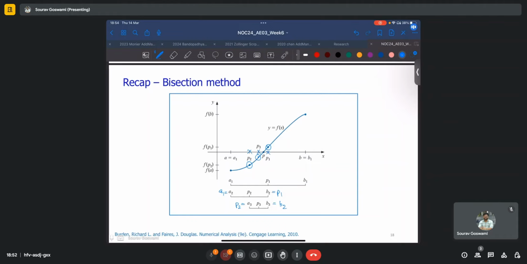So the next step may be seen as something like this. We have a4, which is in fact equal to p3, and we have b4, which is still equal to b3, unchanged, and we find its midpoint, which will be some p4. And now you'll find that p4 may be a very good approximation to our original root p. And thus, within a good enough, user-defined small tolerance, the method will approximate the root within 4 steps only.